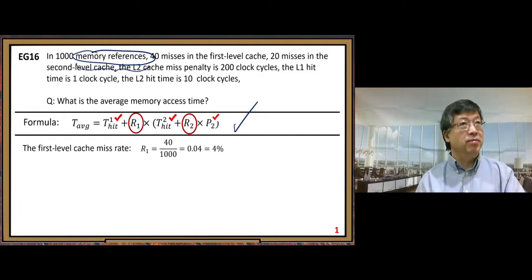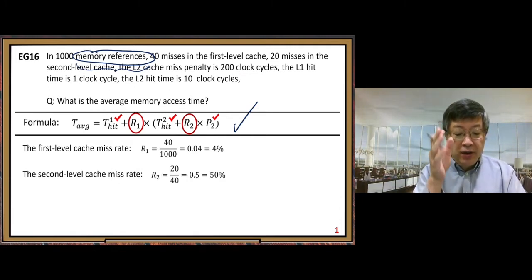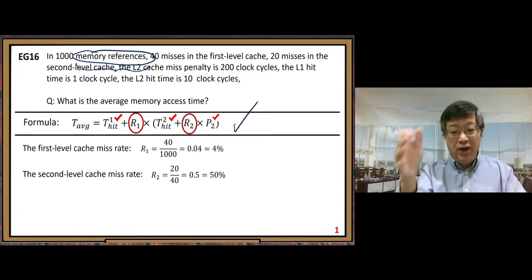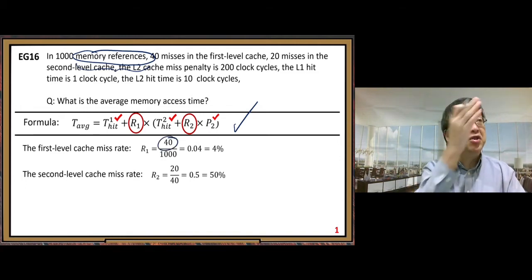4% L1 miss rate. Next, the second level cache miss rate, R2: L2 misses are 20, and L2 requests equal L1 misses. That's why we use 20 over 40. That is 0.5.